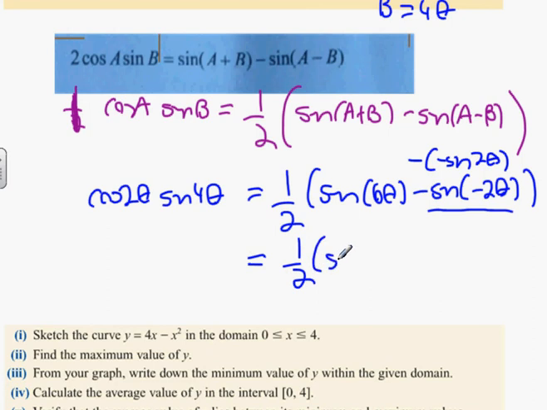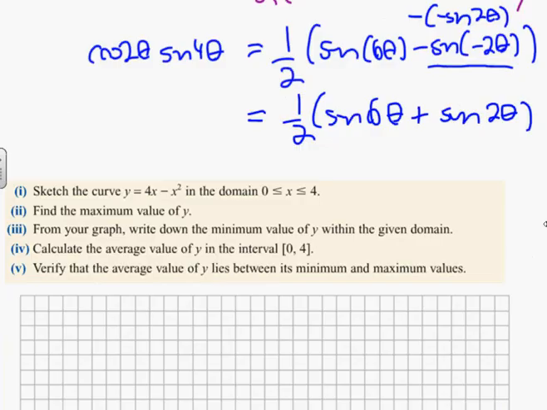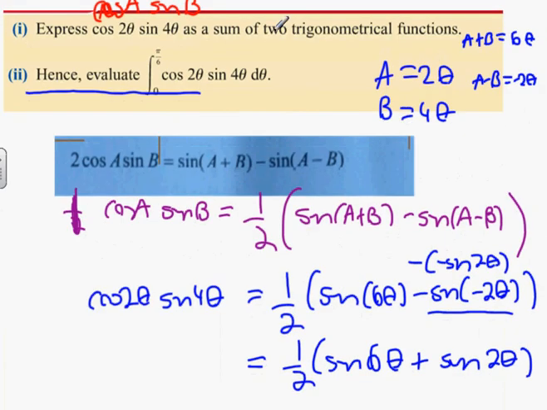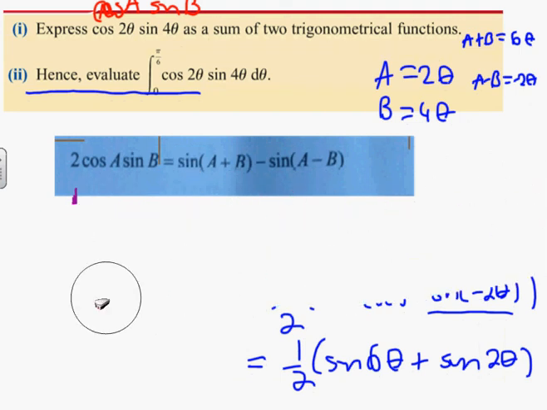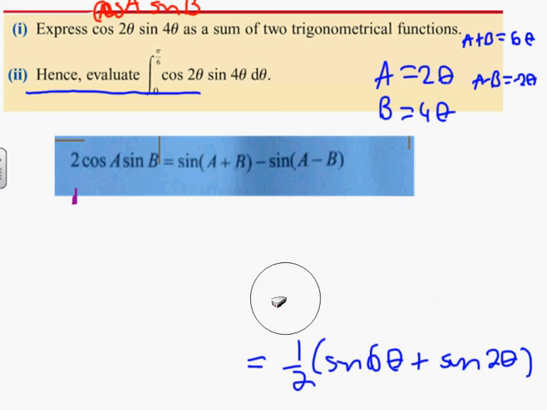So it's going to be a half, sine 6 theta plus sine 2 theta. And that is part 1 done, expressed as the sum of two trigonometric functions. So I can get rid of this here and leave it as what I have down here.